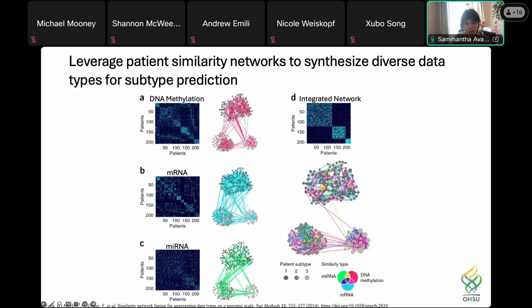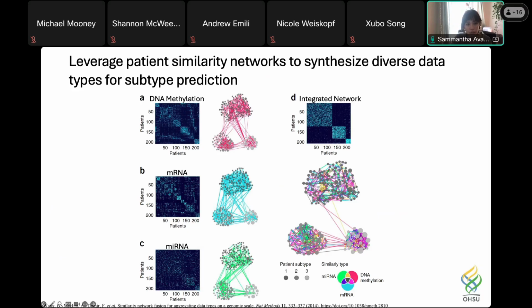And so to address this challenge, one of the key advantages of using patient similarity networks is that we can integrate these different data types and capture both the shared and complementary information from the different data types. And so if you look at our image, we can appreciate how the integrated network, as well as the Venn diagram, highlights how each data type contributes to the observed similarities between patients.